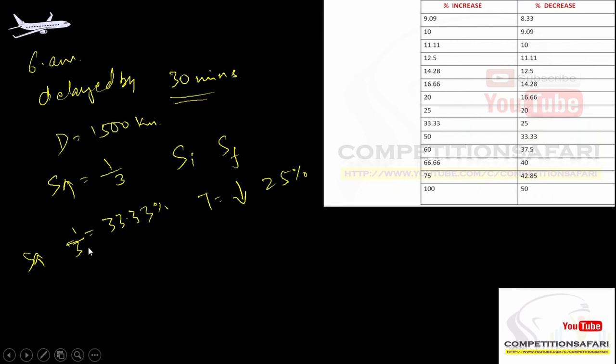If we increase a quantity by 33%, the related quantity will decrease by 25% to maintain the same. So here we have decreased the time, which was 30 minutes, and 30 minutes is equating to 25%.